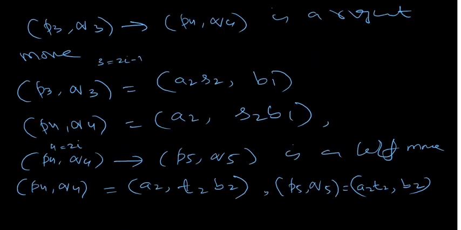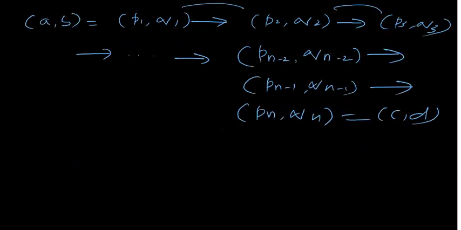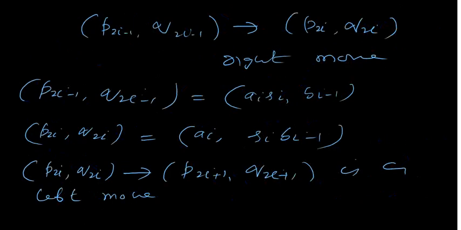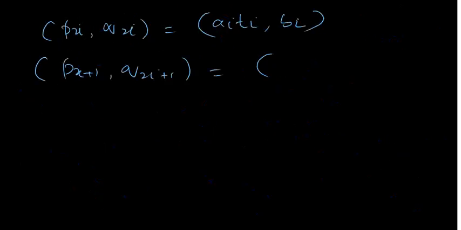This is a left move, so TI is on this side actually. So it's like this, TI BI, and then this will be here AI TI and BI.